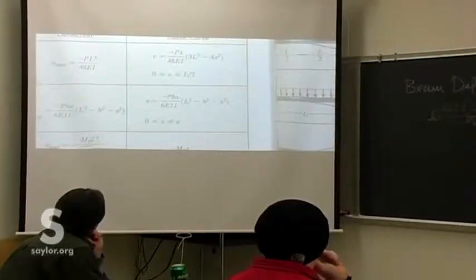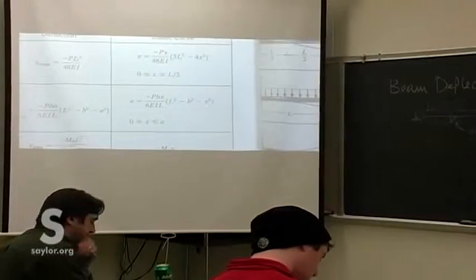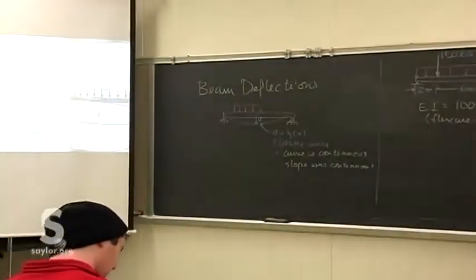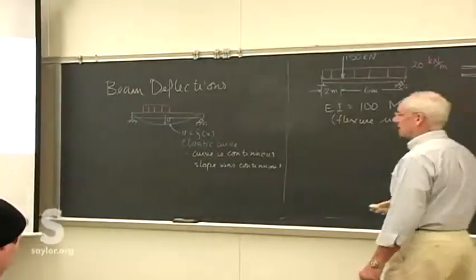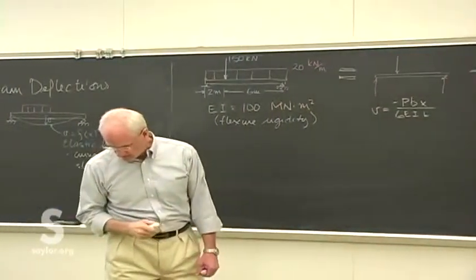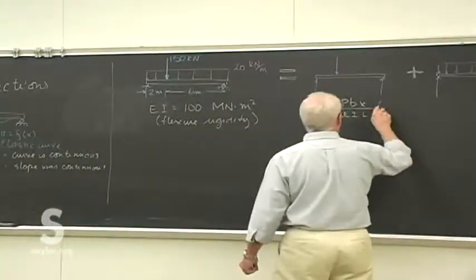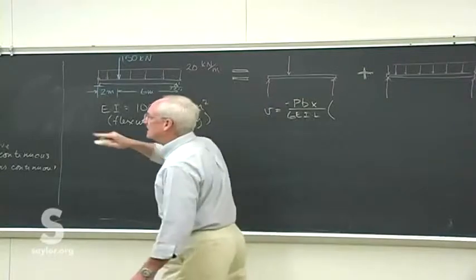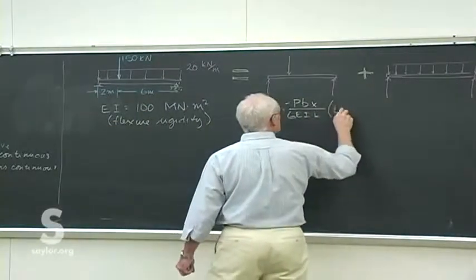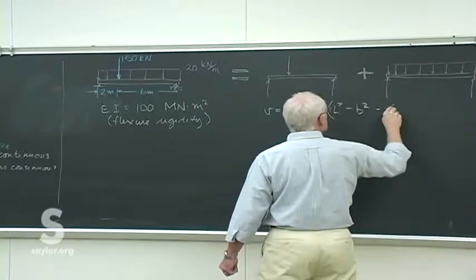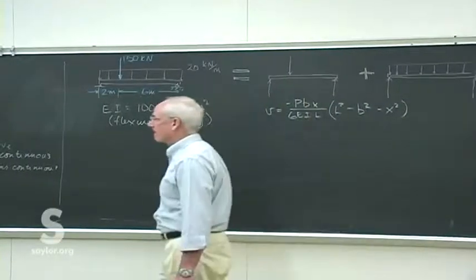So we have v equals minus P b x over 6EIL, where L is the length of the beam and P is the magnitude of the point load itself. And then, which one am I looking at? (L squared minus b squared minus x squared).